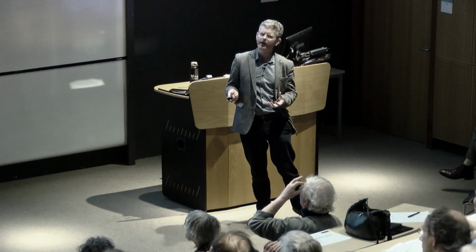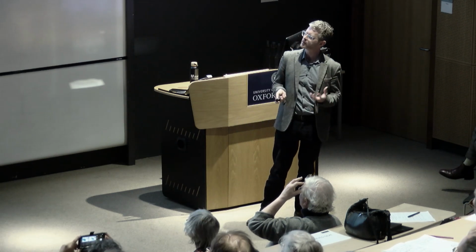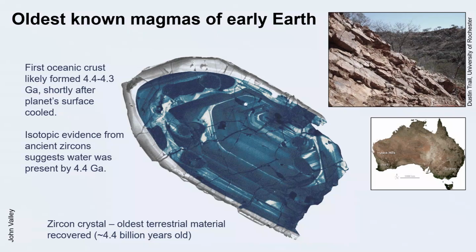How do we know then about the earliest fragments of Earth's crust? There's a great mineral known as zircon, and zircon is a little bit like a time capsule. I think of it as like a flight recorder, because these crystals are very hard and very stable through Earth history.